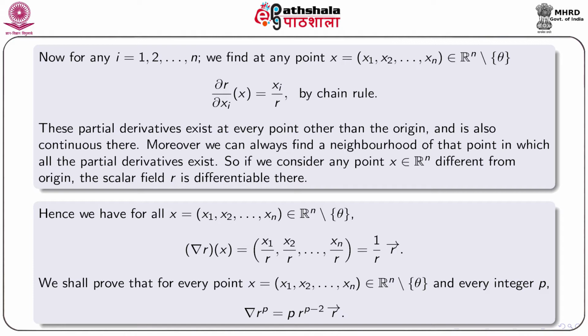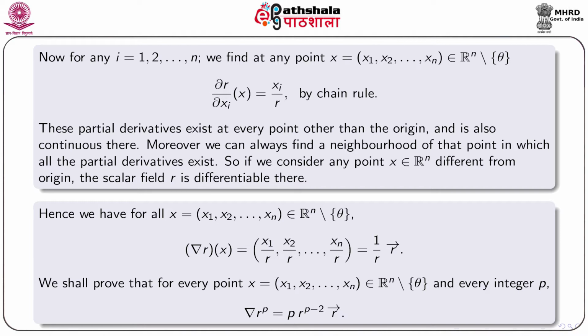Therefore, for any point x obviously non-zero from Rn, the gradient of r at the point x is nothing but the n-tuple consisting of x1 by r, x2 by r continued up to xn by r. So, it is nothing but 1 by r times (x1, x2, up to xn), that is 1 by r times vector r.